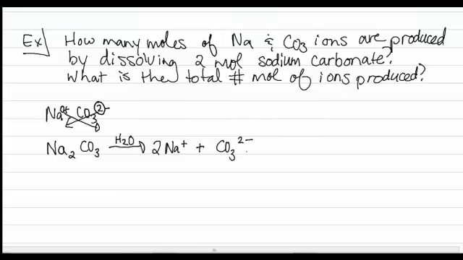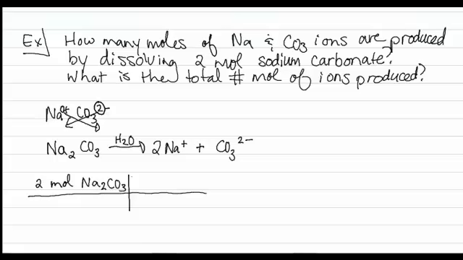From there, I solve this just like any stoichiometry problem with mole ratios. I start with the 2 moles that they give me, 2 moles of the sodium carbonate, set up my grid. I want moles of sodium carbonate to cancel, so I put that on the bottom. Always put your units in first so they all cancel. And I want to get to moles of sodium first.